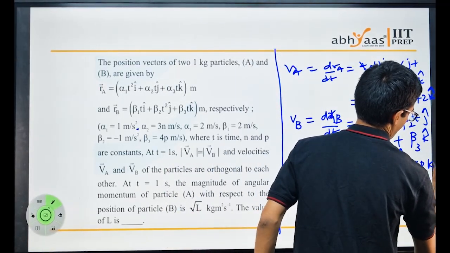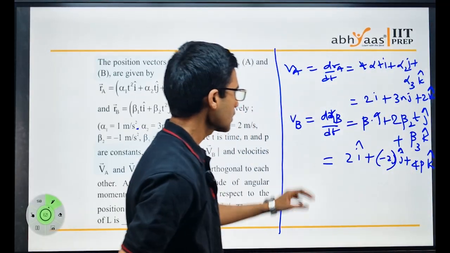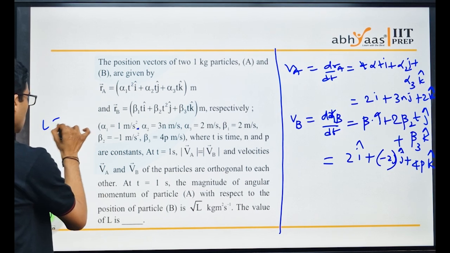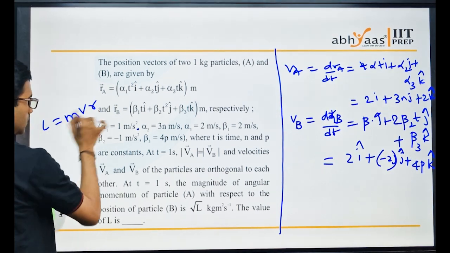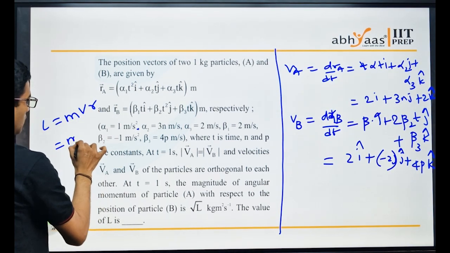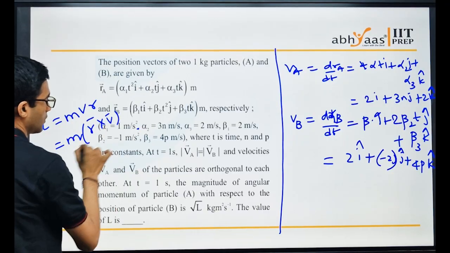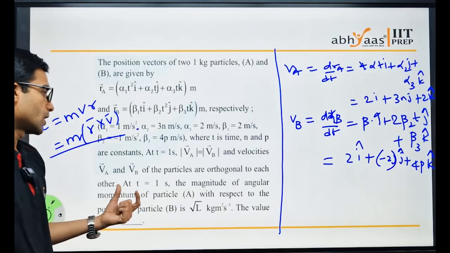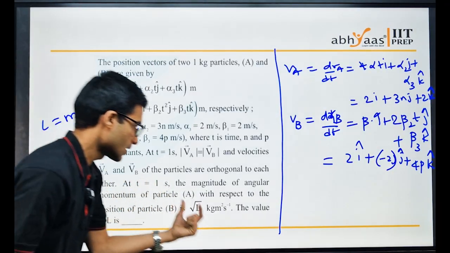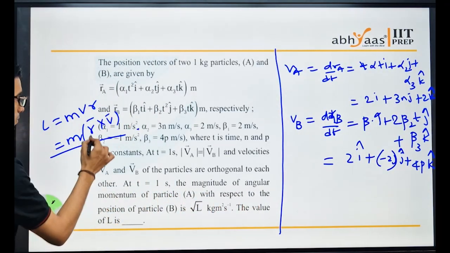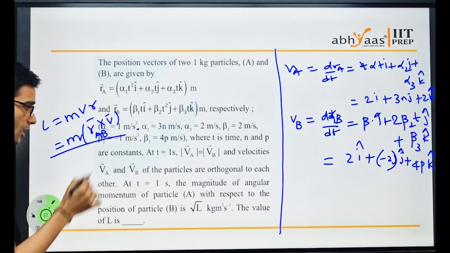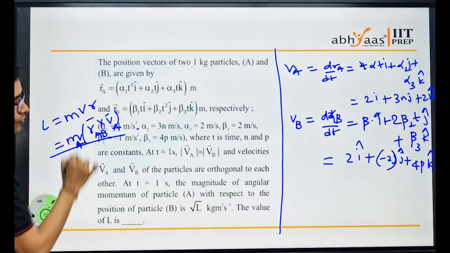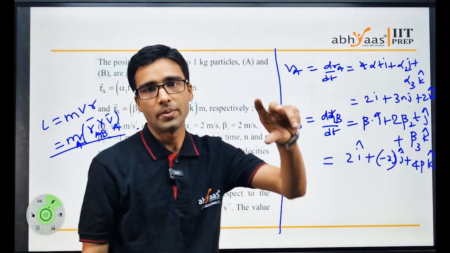Here we need to calculate the magnitude of angular momentum. L is equal to mvr sin theta, that means m into r bar cross v bar. Before doing this, what is being asked is the magnitude of angular momentum of particle A with respect to particle B. That means RAB, and particle A is asked, that's why it's VA, and the mass is also for A. Keep that in mind.